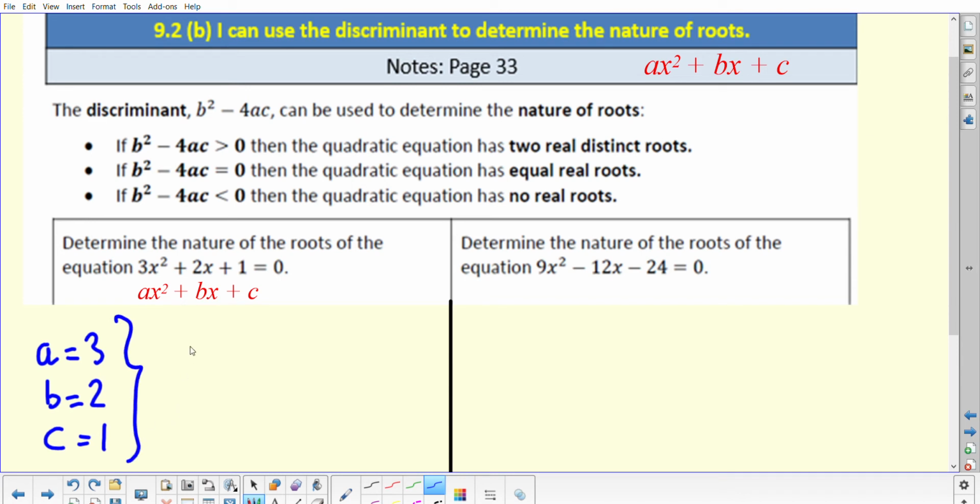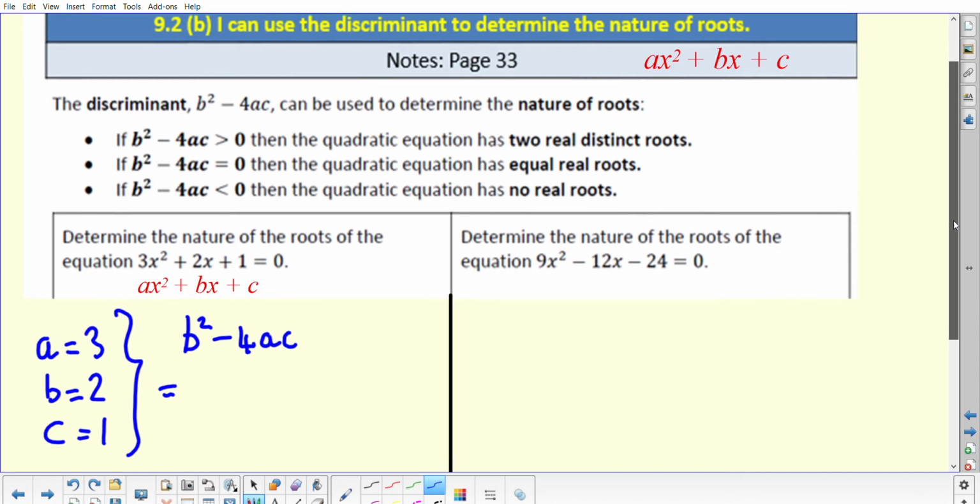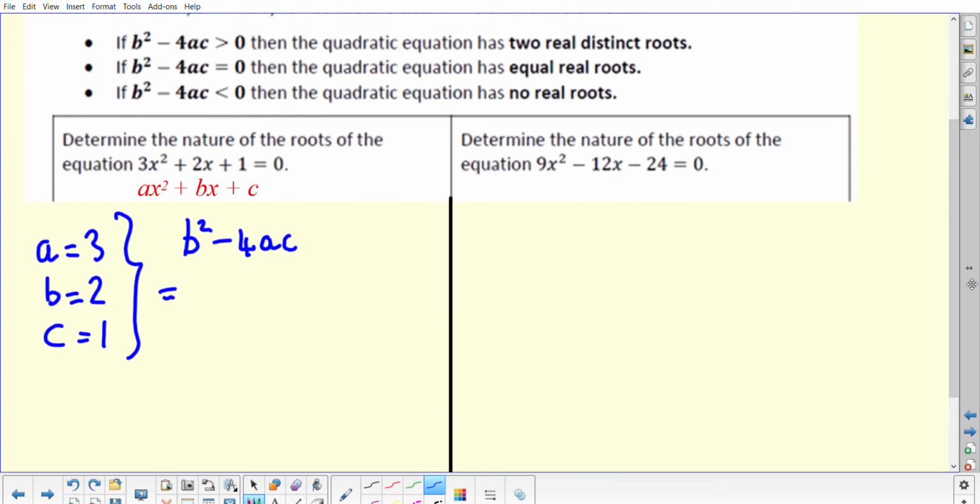Now all you have to do here is sub into the b squared minus 4ac. We were already doing this, so this is just like starting off your question yesterday, but you don't need to go on and find the actual roots. So this would be me doing 2 squared, take away, and remember this is 4 times a, which is 3, times c, so all of that's getting taken away.